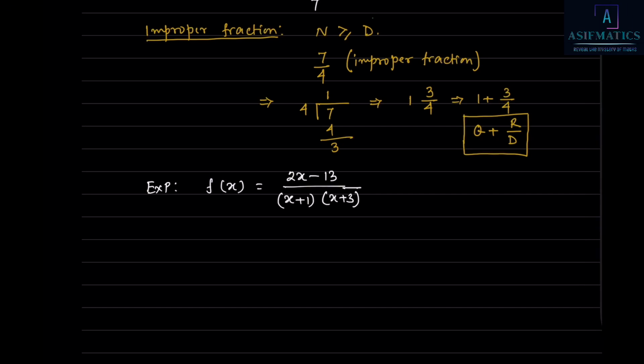Now in this fraction, how do we know is it proper fraction or is it improper fraction? To understand, please check, there is a method to find this. The method is very simple.